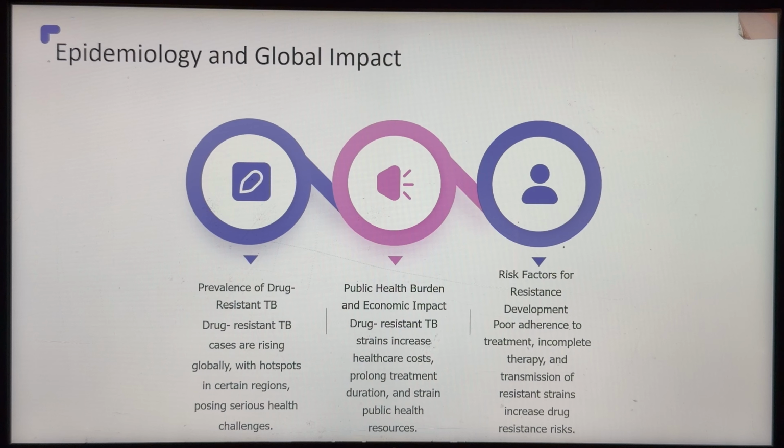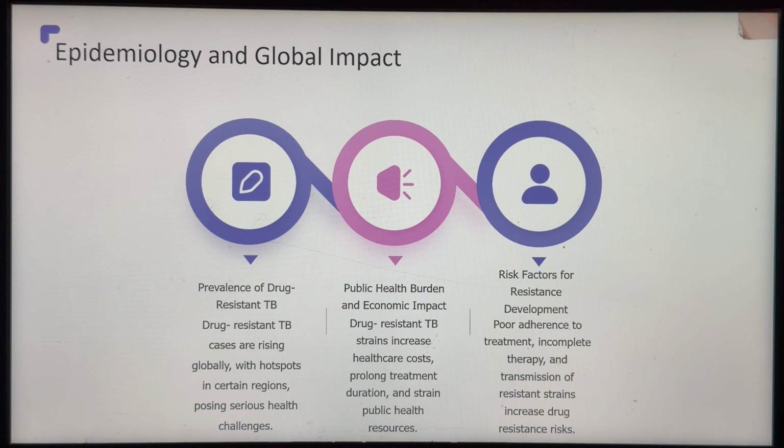Resistant strains continue to emerge because of inadequate treatment, interrupted therapy, poor adherence, inappropriate drug regimens, and ongoing transmission within communities.